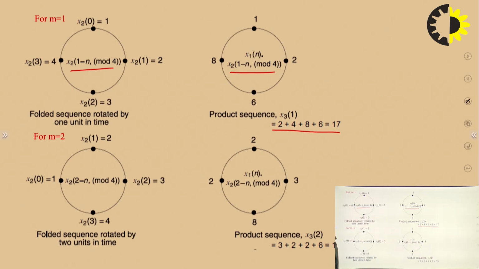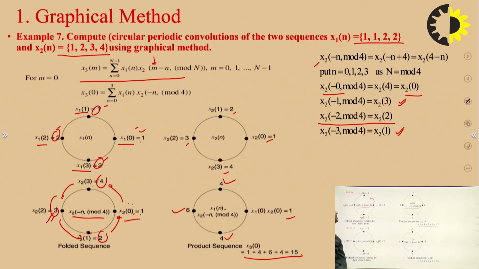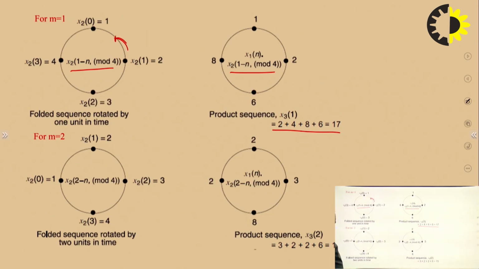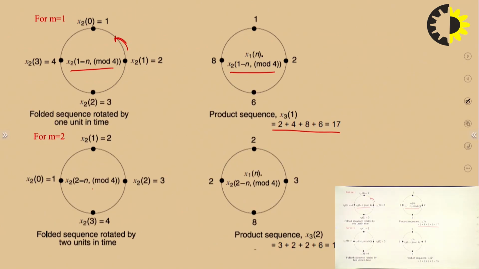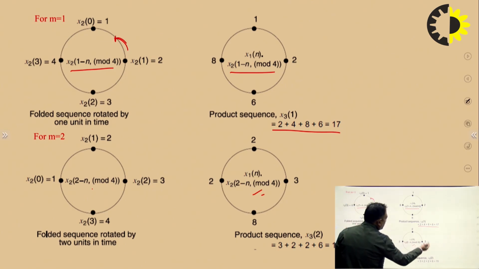Now for m equals 2, what will you do? You will do one more shift of this folded sequence, so that again we will get the values 3, 2, 1, 4, and again you will multiply x2 of 2 minus n mod 4 with this one, so that you will get these values, and you will add it up.